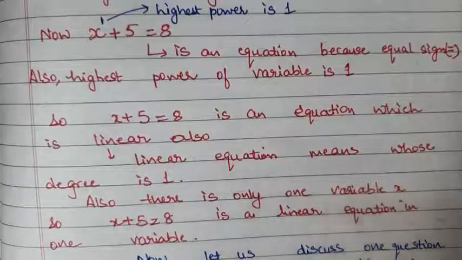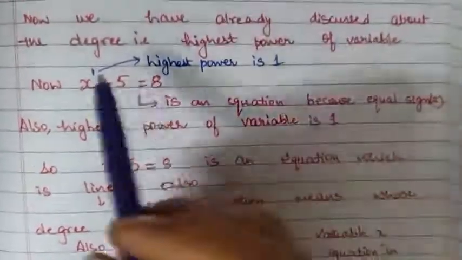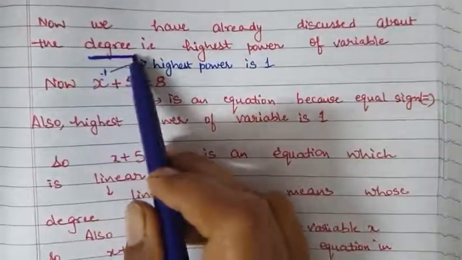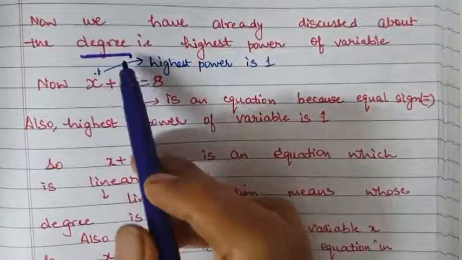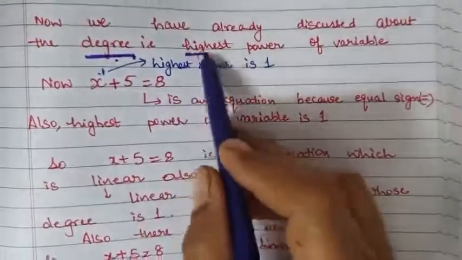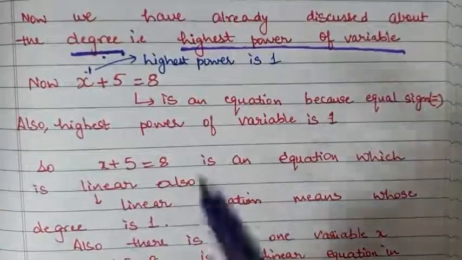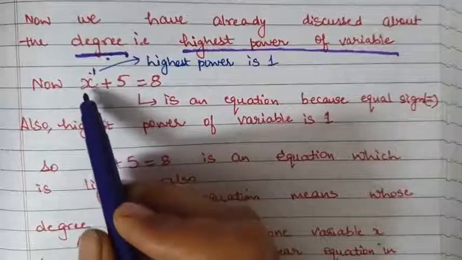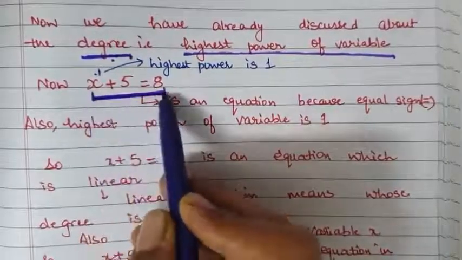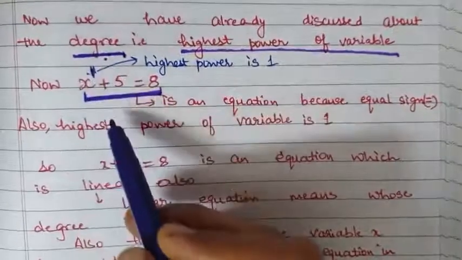Now students, we have already discussed the degree. What is the degree? That is the highest power of the variable. Now suppose you have written x plus 5 is equal to 8. What is the power of the variable here?